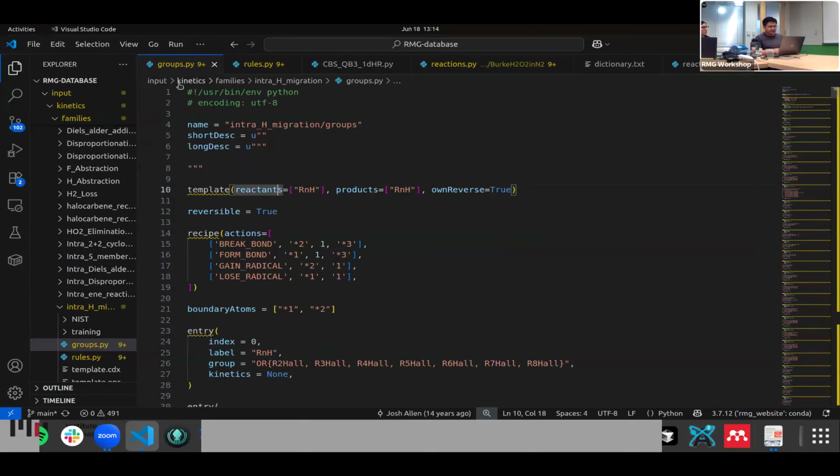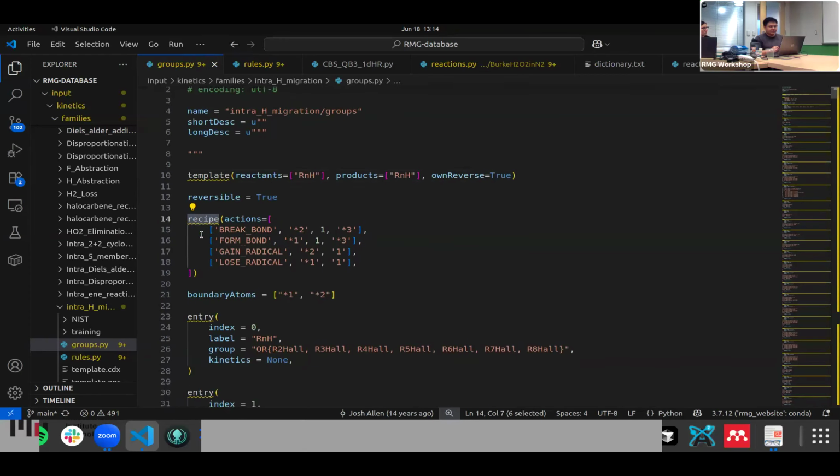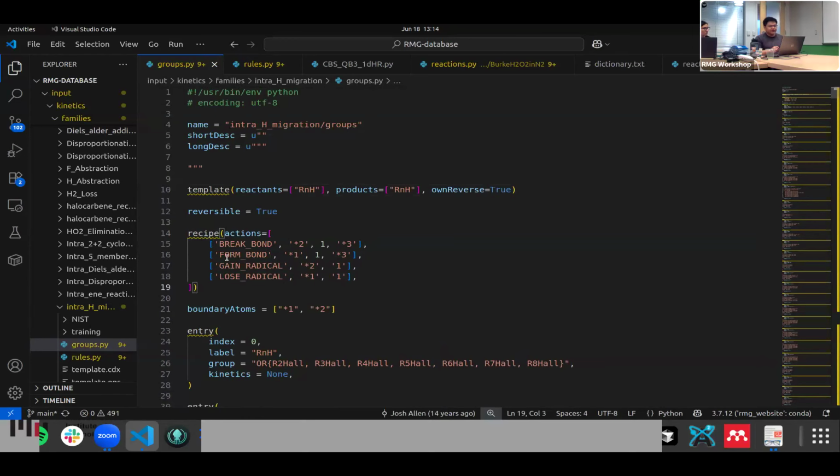So this is in the RMG database, which comes with your install. It'll be an input kinetics families. In this case, I'm looking at the intra-H migration. And here, the important thing is that we're defining a recipe for what each of the reactions in this family looks like.